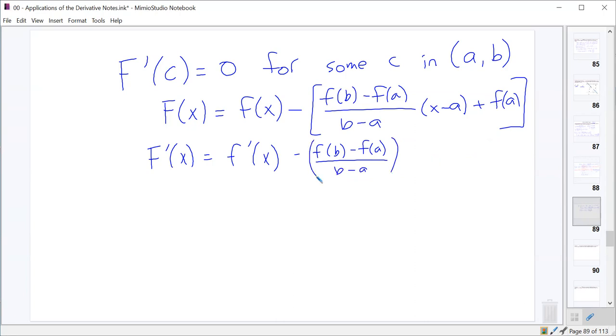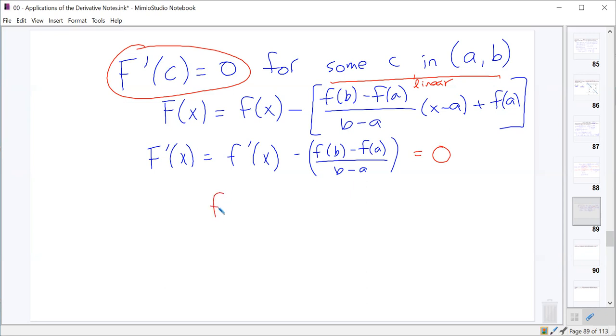Right? Remembering, I'm going to write this back up here. This whole thing here is linear. Right? So now we think back, what did Rolle's theorem tell us? It tells us that this derivative must equal 0, which tells us that this whole thing over here, f prime of x minus f of b minus f of a over b minus a must equal 0, which tells us that for our original function, f prime of, well, we need to replace this with a c, right?